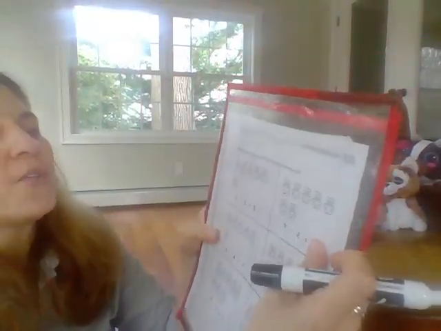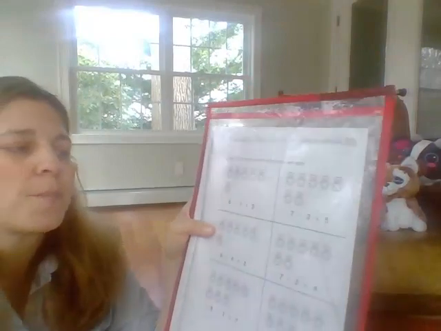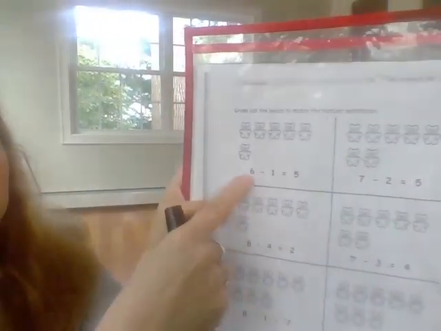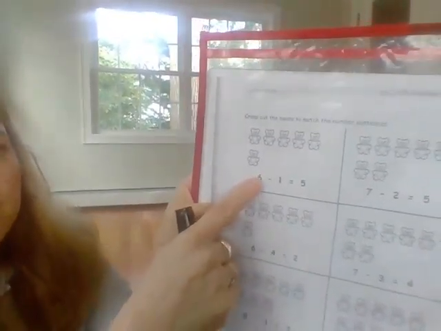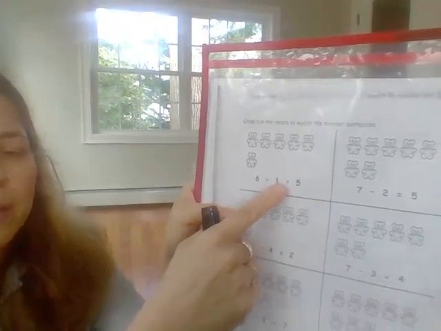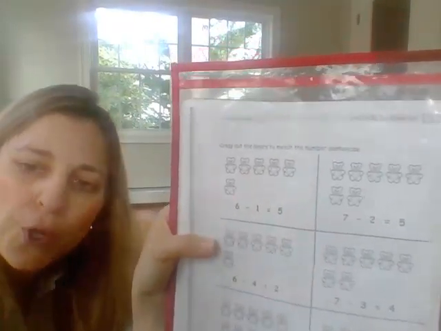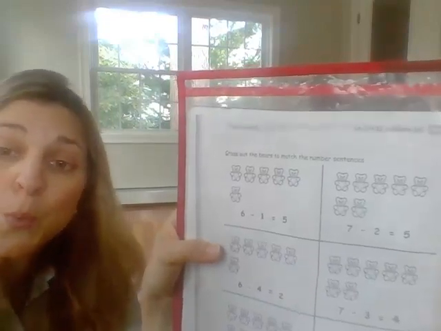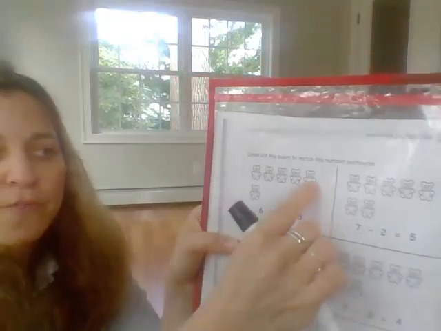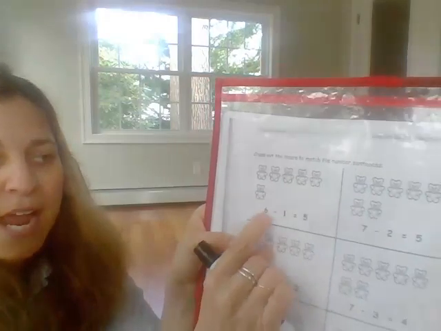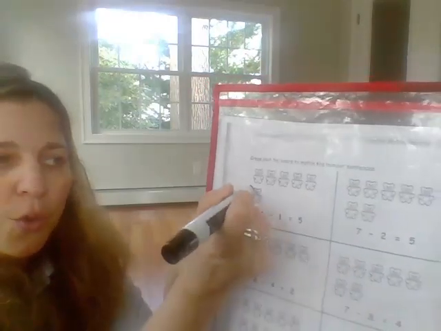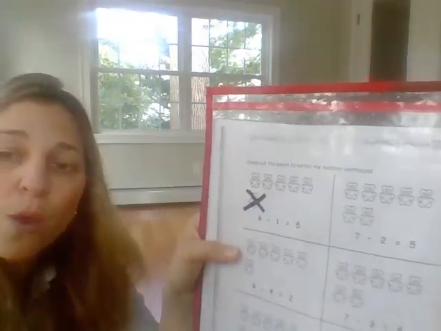It says cross out the bears to match the number sentences. So the number sentence, this first one says 6 minus 1 equals 5. Do you see how they're doing it? They're putting it in the 10 frame. They're arranging it by 5s. So we have 5 and 1 more makes 6. Now it says 6 minus 1. So in order to show your work, you're just going to X out the 1.